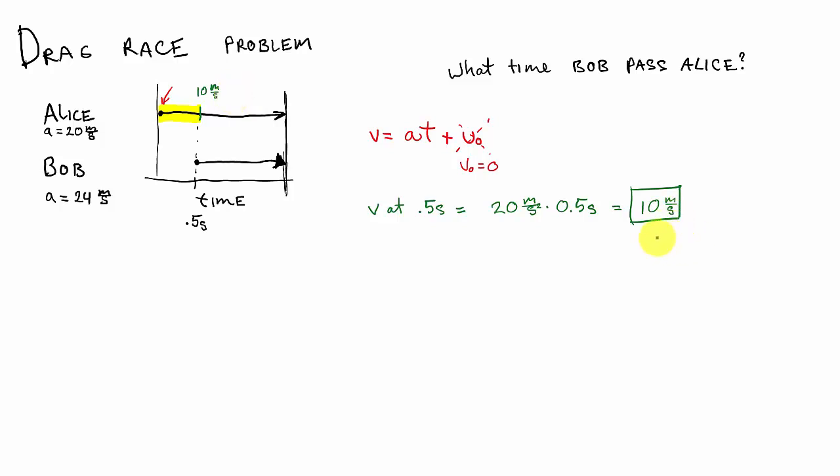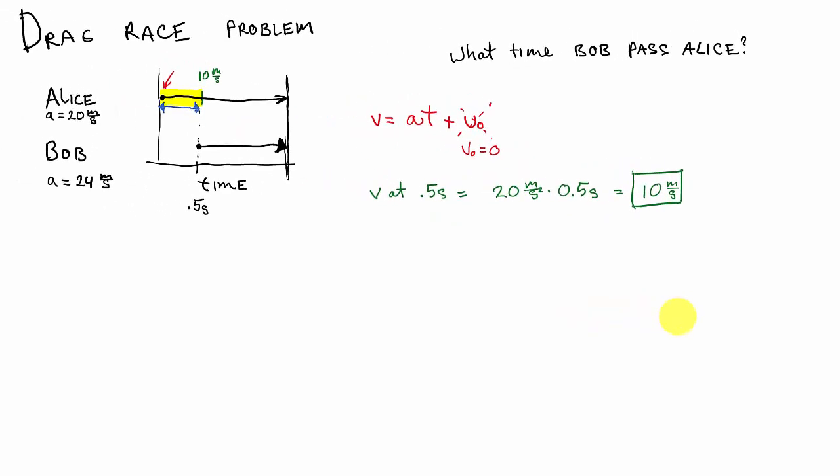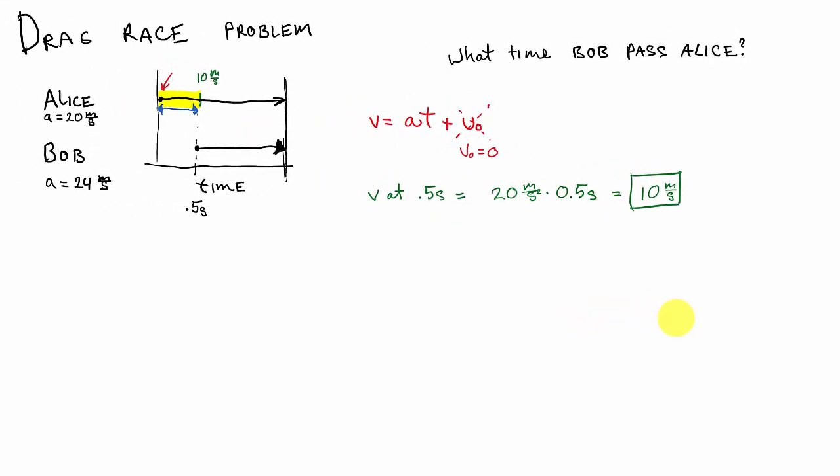Next, we have to figure out how far she has traveled. So what is the distance between these 2 points? Well, since we have our velocities, I will use this formula.